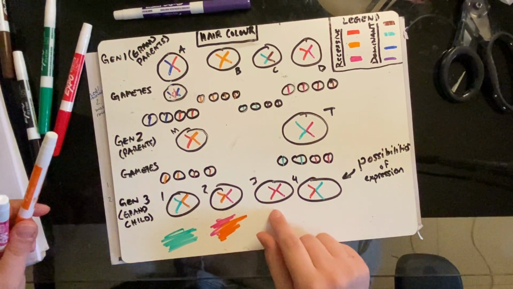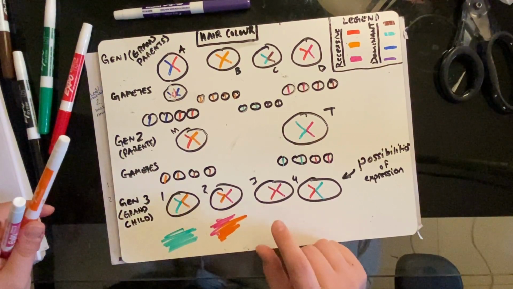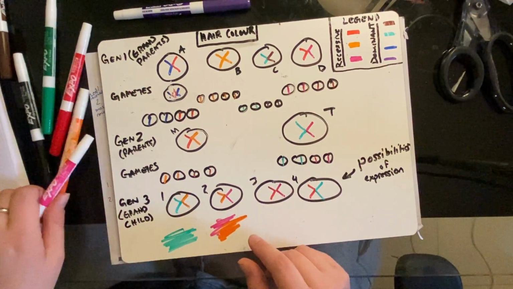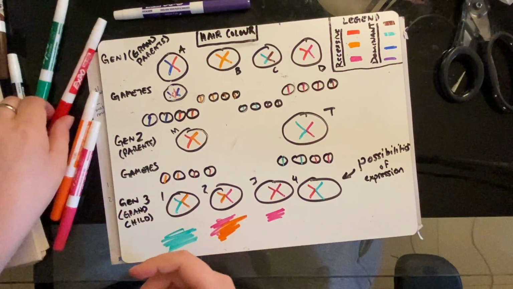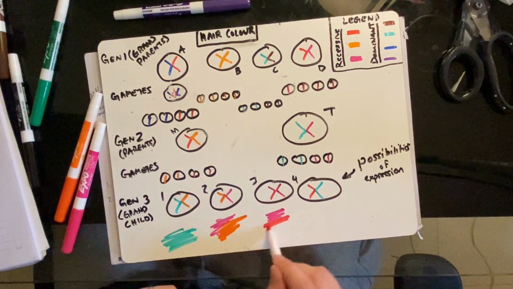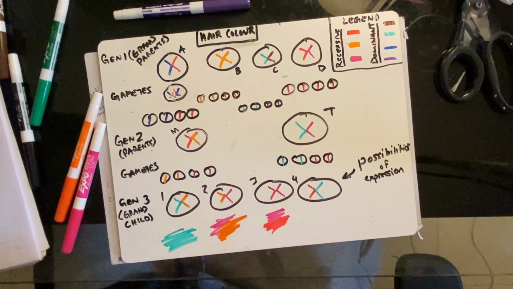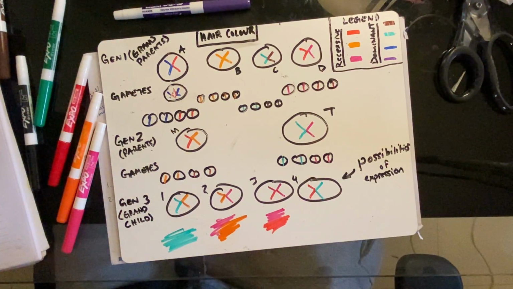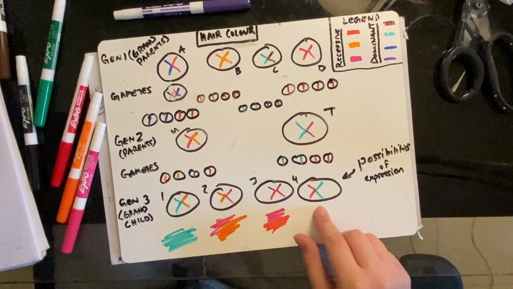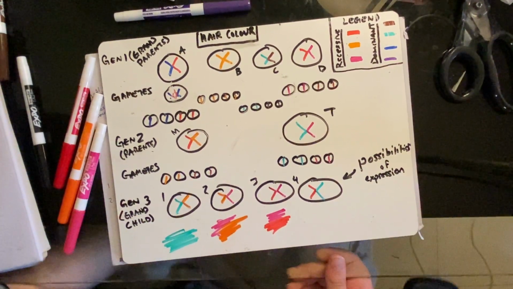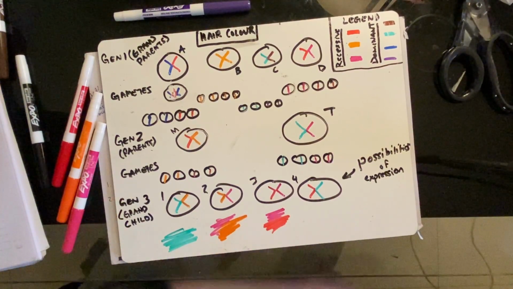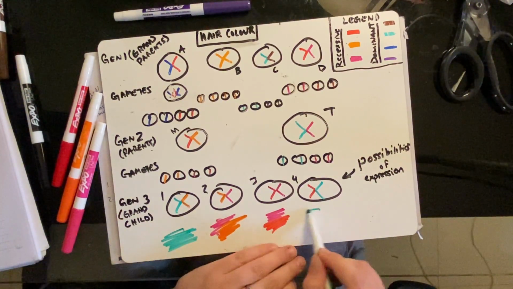Now in this case, we got the red and the pink. Again, that is going to be a recessive hair color. It's just going to be pink and red instead of orange and red. But two recessives together makes a recessive, right? And then in this case, because we know green is dominant over red, this child's hair would be green.